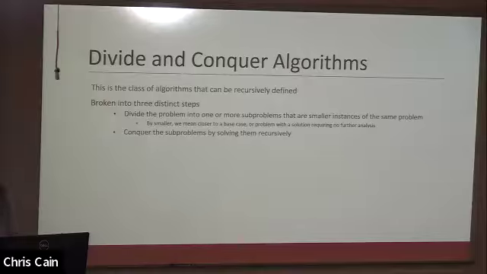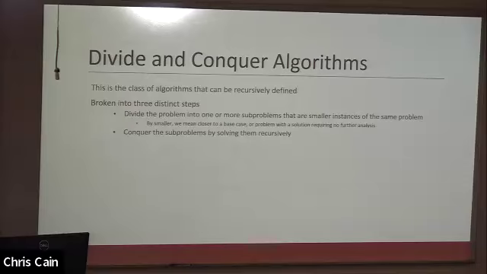We then conquer the subproblems by solving them recursively. We're going to break this down into the smallest possible problems, solve them, and then take their solutions and combine them together into the solution to the larger problem. The solving in merge sort is trivial. They will already be solved.